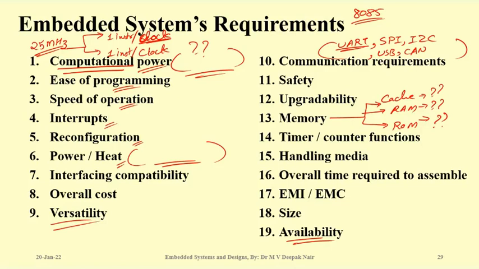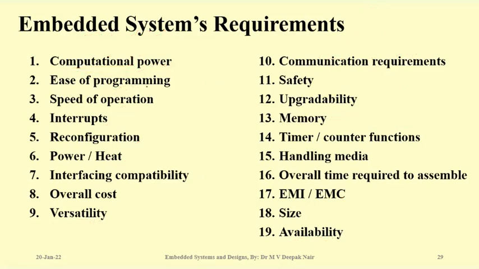You should go and investigate those things. EMI, EMC, I will come to that also, why it is very important. These are very important technical terms which can be brought down to some numbers, and that number makes sense. Please go and investigate and put some numbers in front of these technical terms.